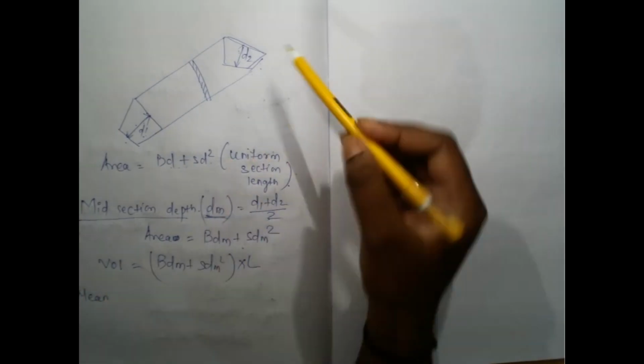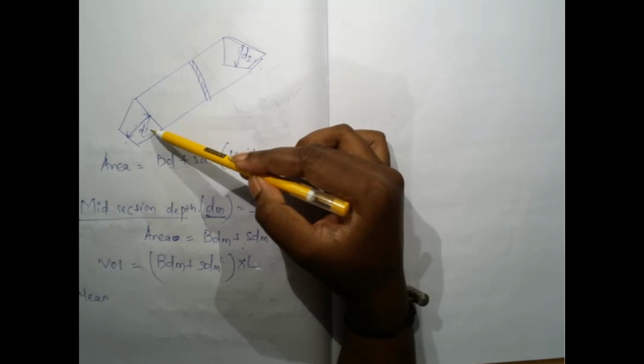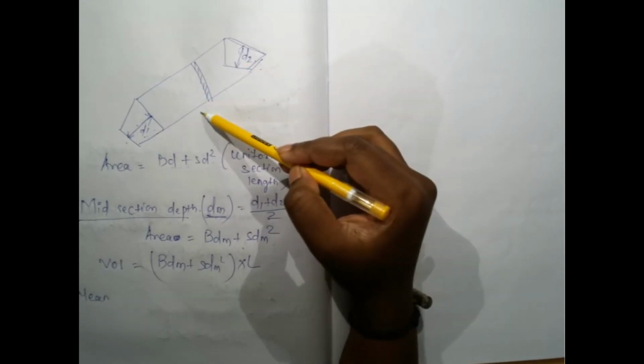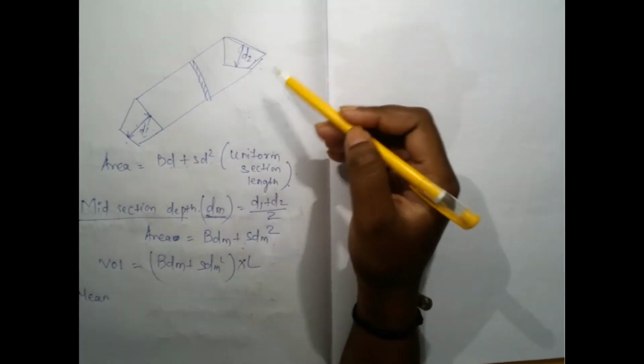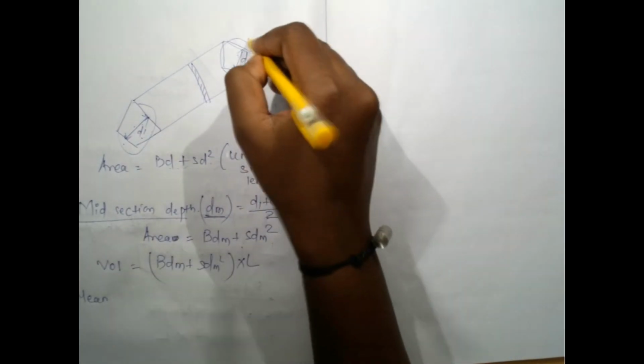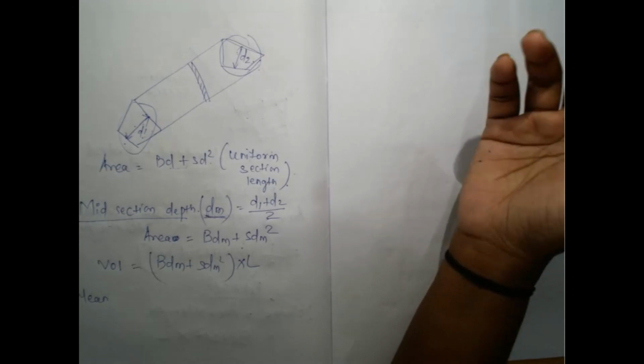We had taken the average of the depth of both the sides. What will happen if we take the average of the area of one side and the area of another side? That can also be done.